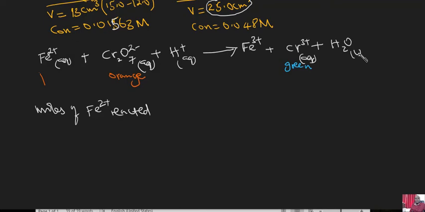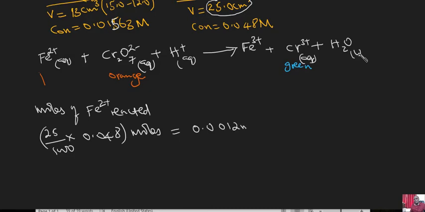I told you from the previous lessons, we calculate by, this is 25 over 1,000 multiplied by the molarity, which is 0.048. There we are. We have the number of moles, or the number of particles which have reacted, that they are exactly 0.0012 moles. That is what we have.